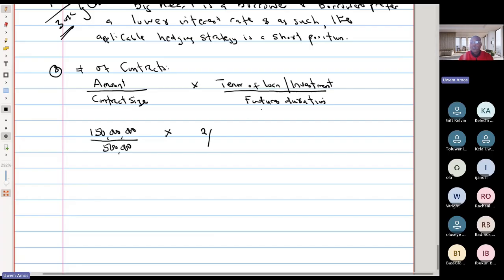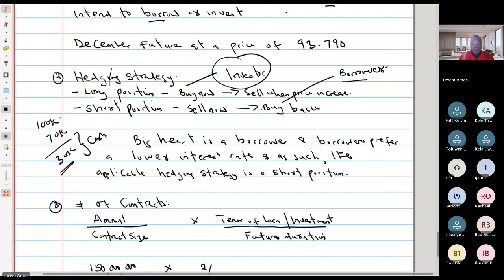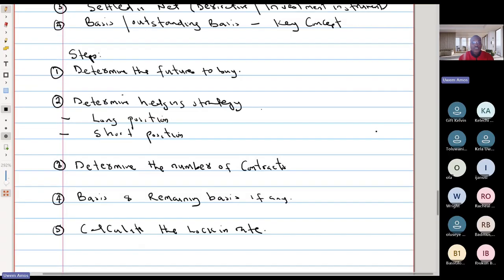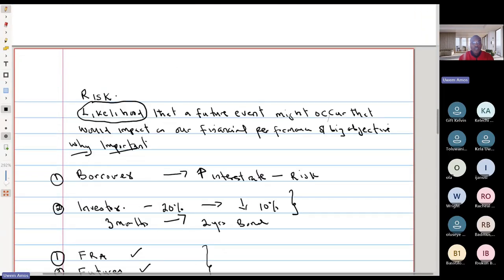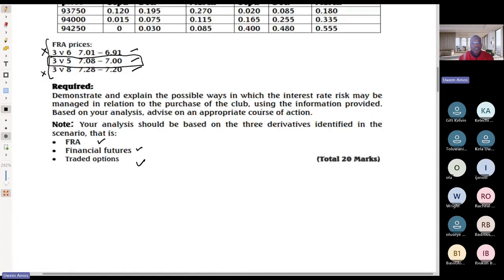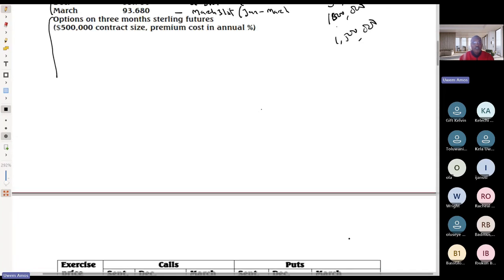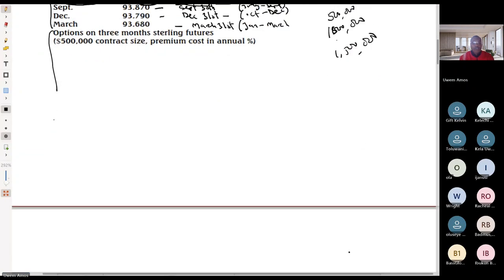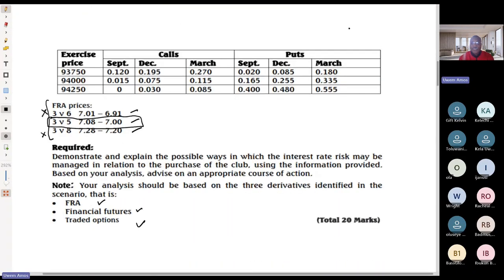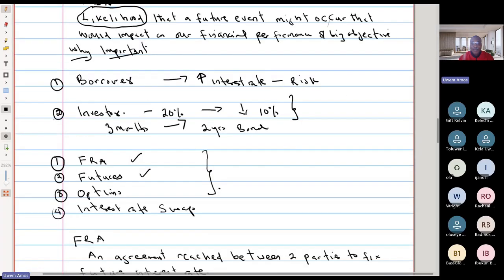Divided by futures duration. What is the duration or the tenor of our futures? Let's go to our question and look at what the futures market tells us about it. The futures market tells us that our futures are 3 months sterling futures, so our futures have a duration of 3 months each. So that would be divided by 3.